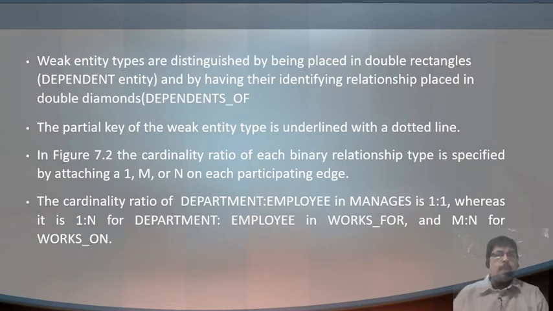About this we have discussed as a separate topic. A weak entity is given in double lined rectangular boxes, dependent for a dependent employee, and similarly a double diamond shaped symbol is used for the relationship.